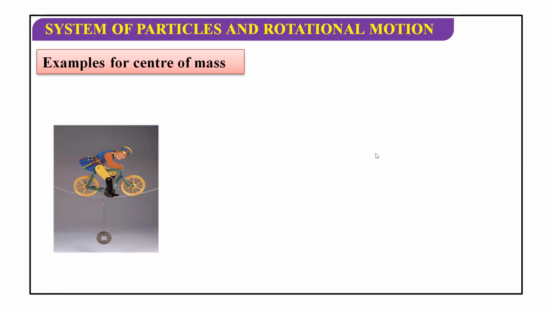Now here also you see what the joker is doing here. What's the science behind it? Tell me. Why is he not falling? His entire center of mass should pass through this point on the wire.